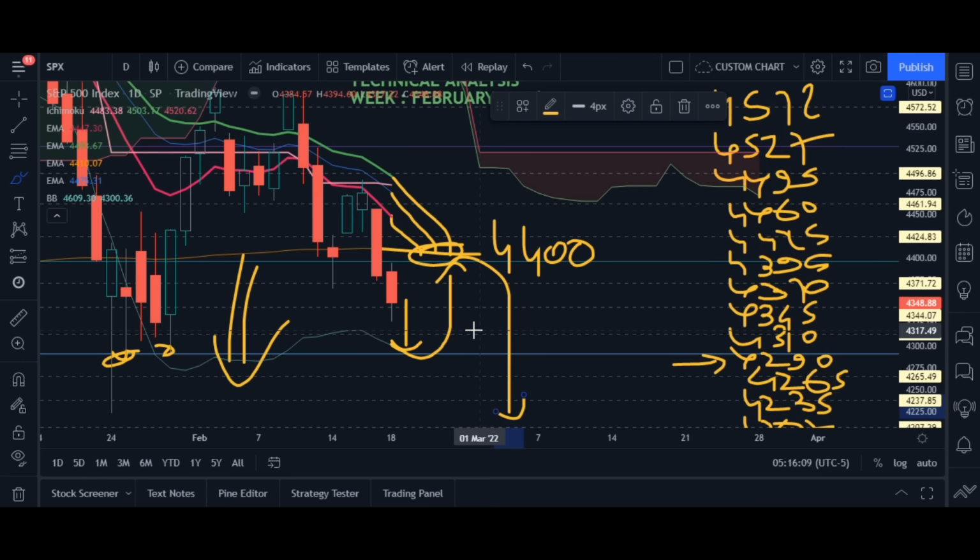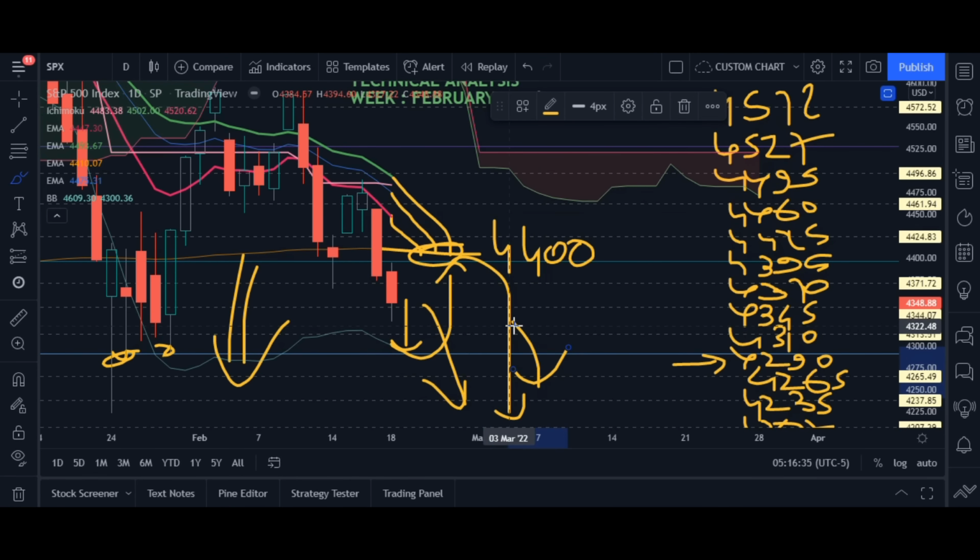The technical indicators will work only when the markets are stable, or almost stable. But if the tension increases between Russia and Ukraine, and if Russia decides to invade Ukraine, and there is a real war, in that case forget about the rebound. Everything will come down.